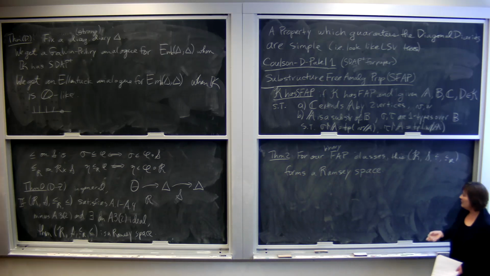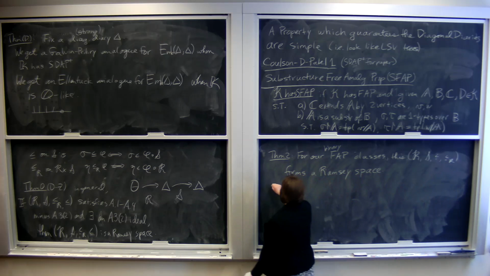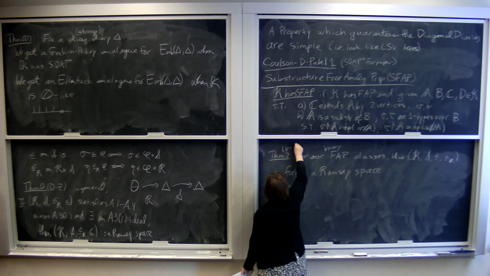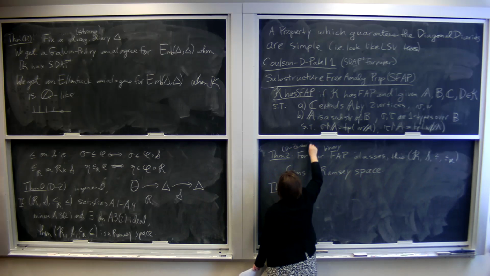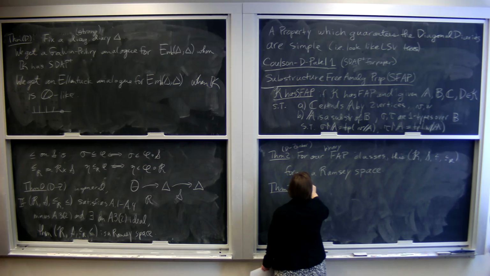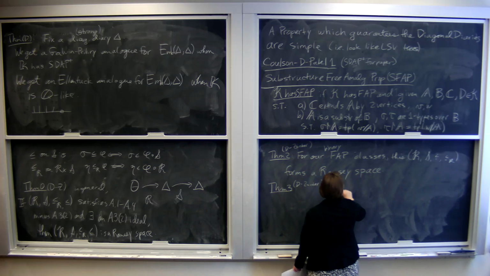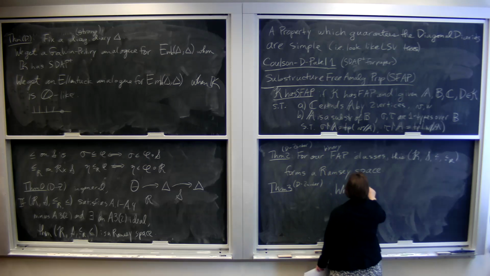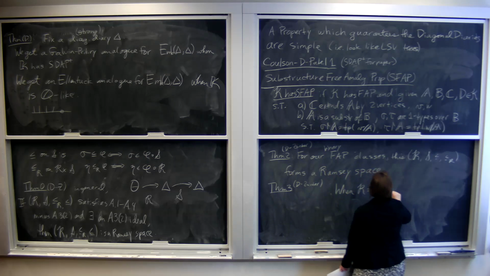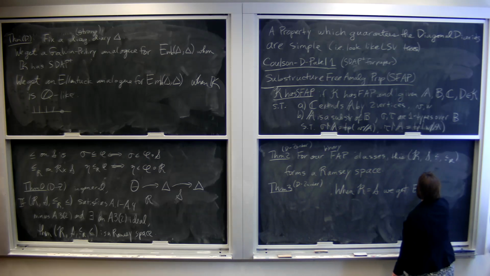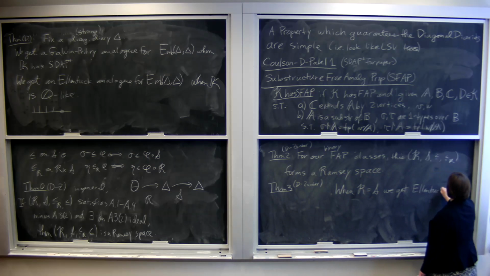And then if you have strong diagonal diaries on both instances, when R equals S, we get an analog. Okay.